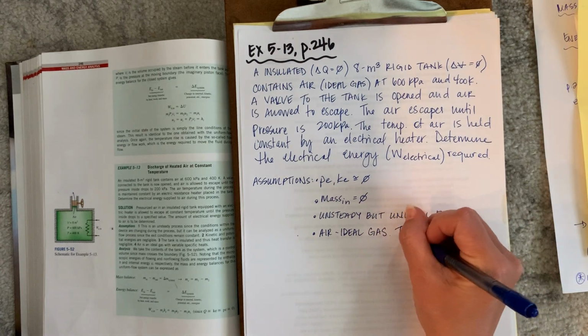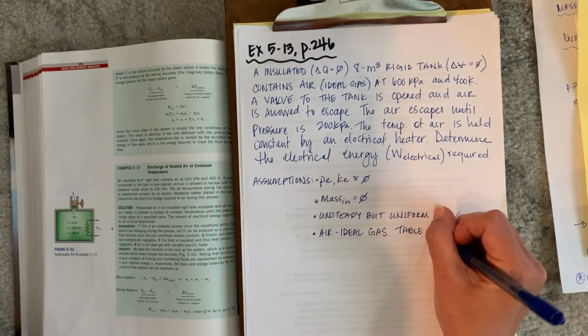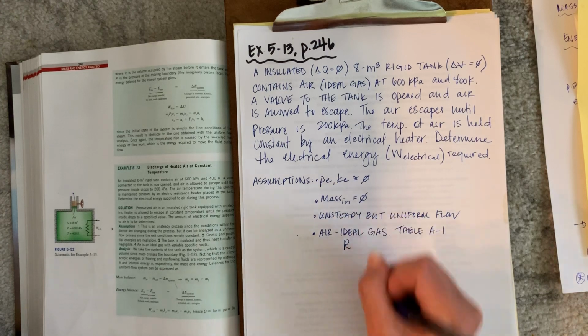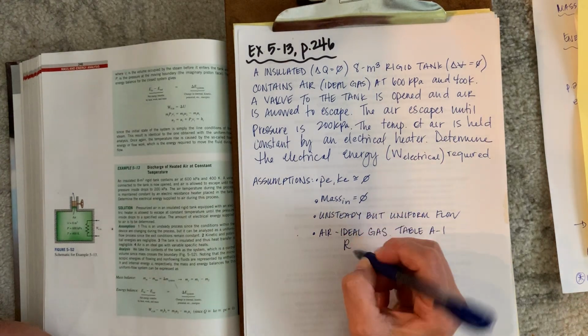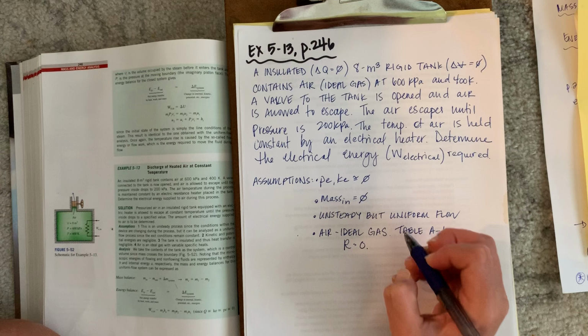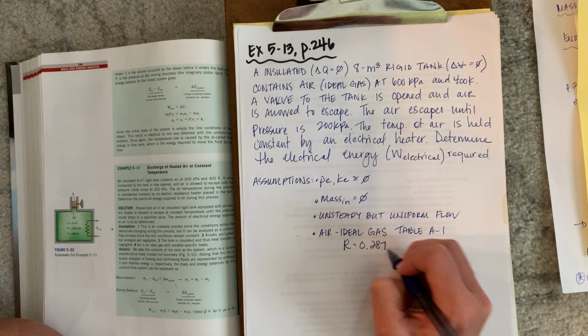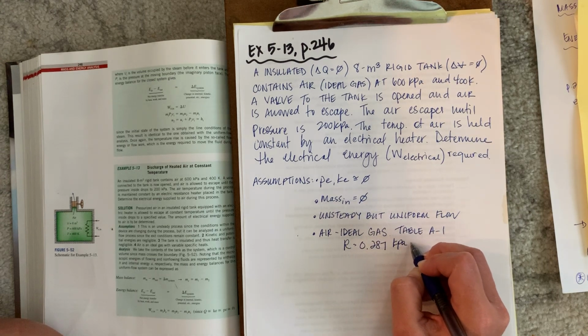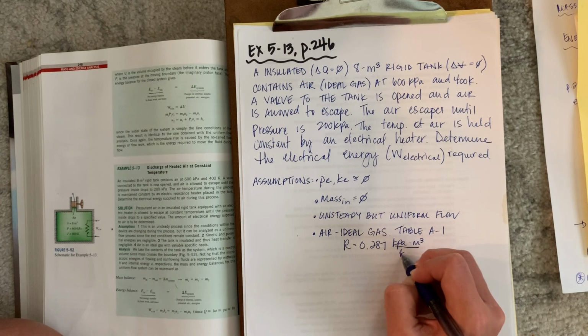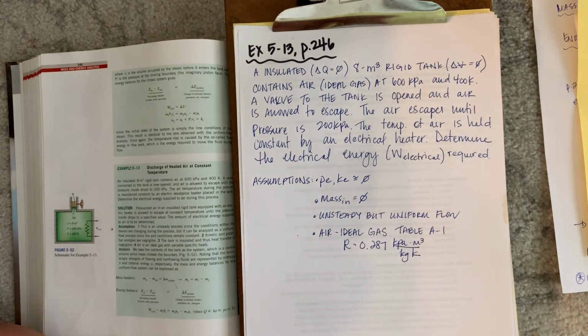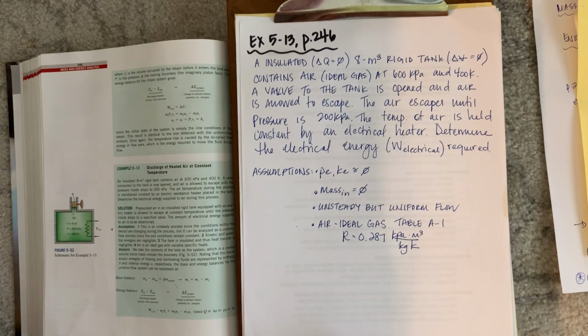And from table A1, we're going to find that the gas constant associated with air is going to be 0.287 kilopascals cubic meter per kilogram Kelvin. All right, I think that's all the assumptions that we need to make for this problem. So we can go ahead and get started.